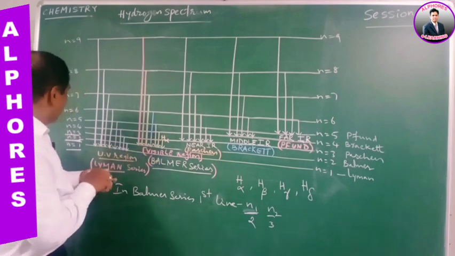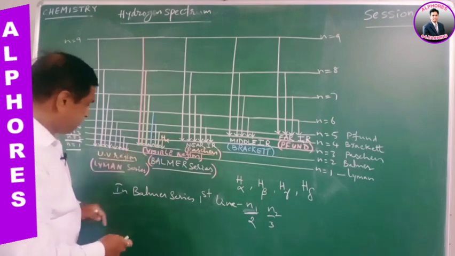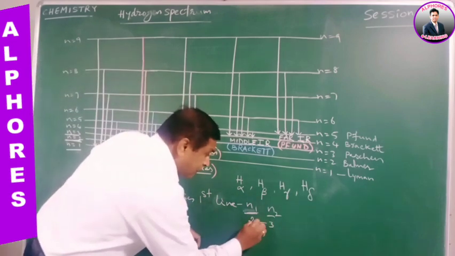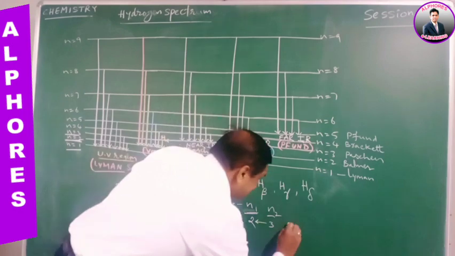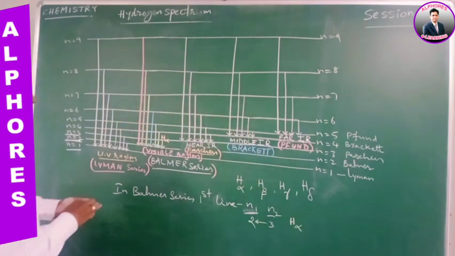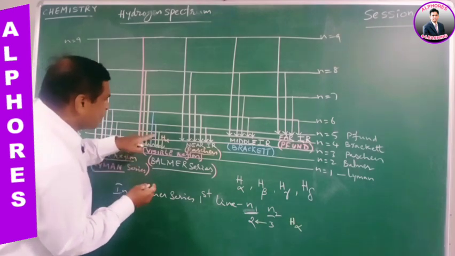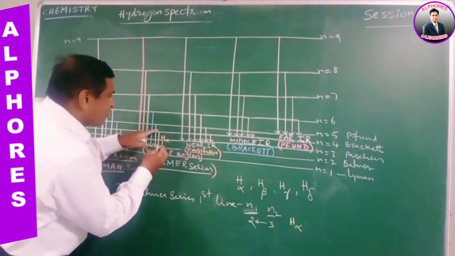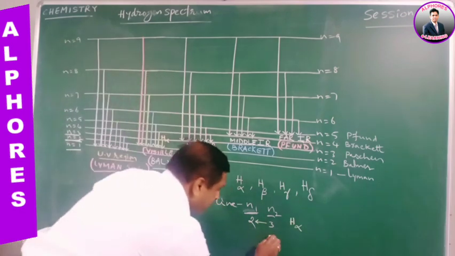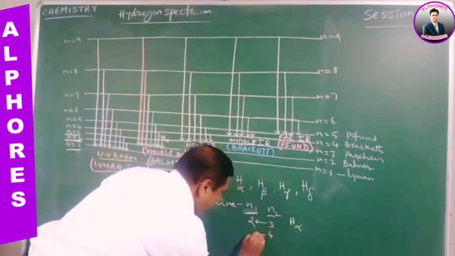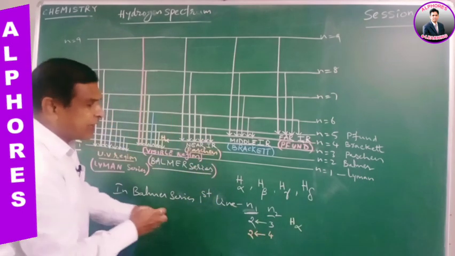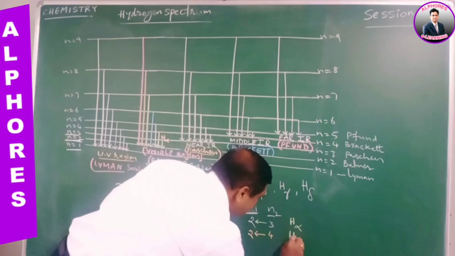In the Balmer series, the electron coming from third orbit to second orbit is the H alpha spectral line.